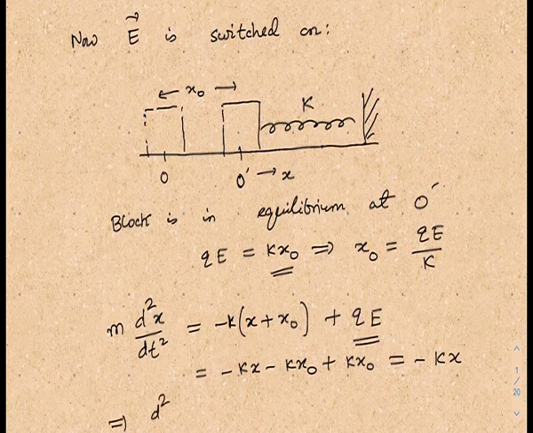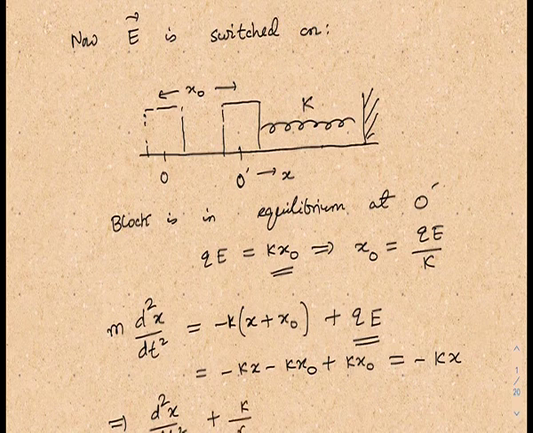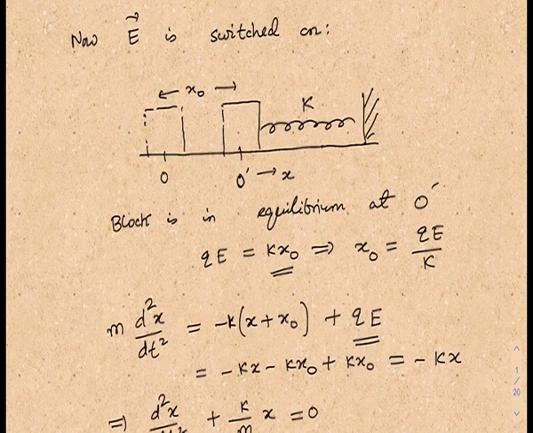That means I can write this equation as d2x by dt2 plus k by m x is equal to 0.